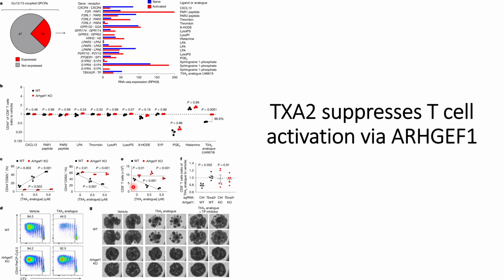Then they checked the CD8 plus T cells. I explained this by mistake previously, but now is the right time to explain this panel. Here, the activated CD8 plus T cells go down when they increase the TXA2 analog concentration in the wild type T cells, but not in the ARHGEF1 knockdown.